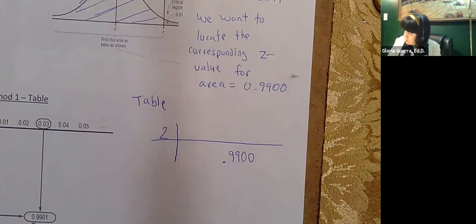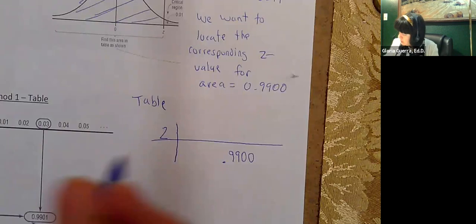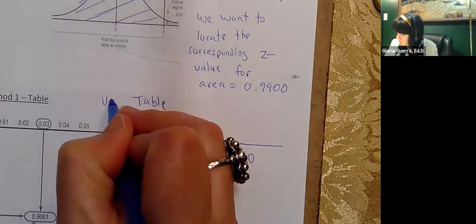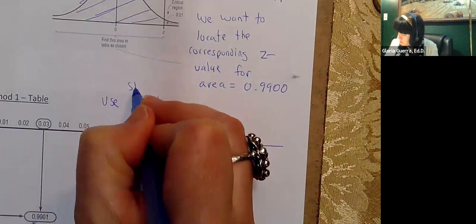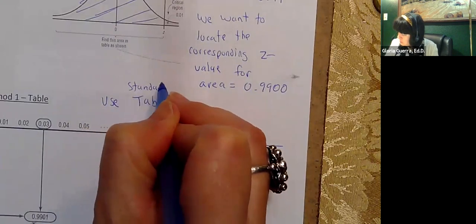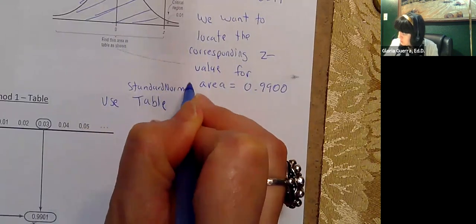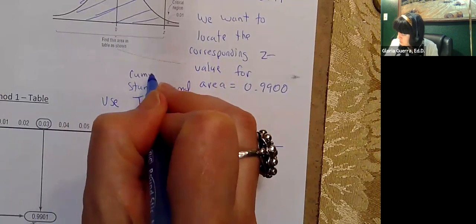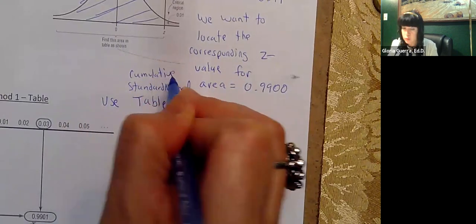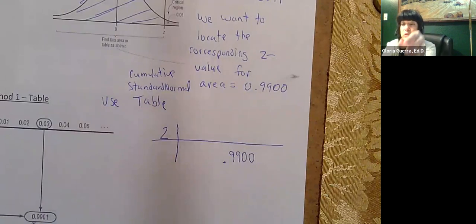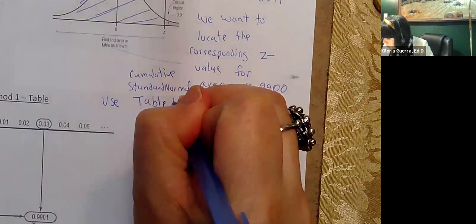We want to locate the corresponding value for area, and you want to use your standard normal table, and it's cumulative. It's called your cumulative standard normal table. So you can get your tables out. I think it was called E, right? In your workbook.